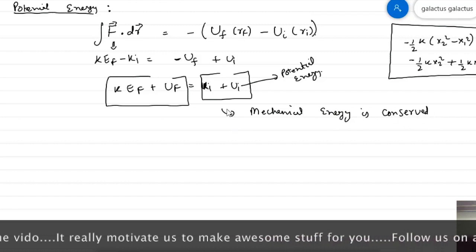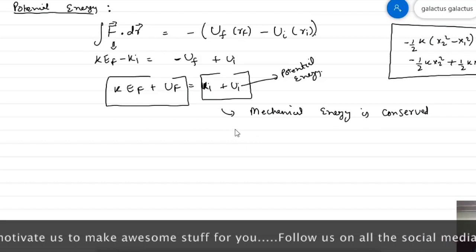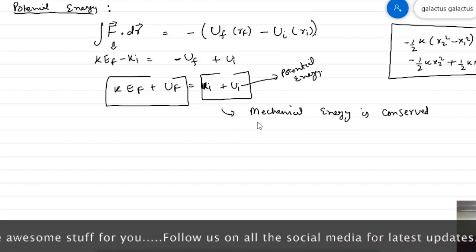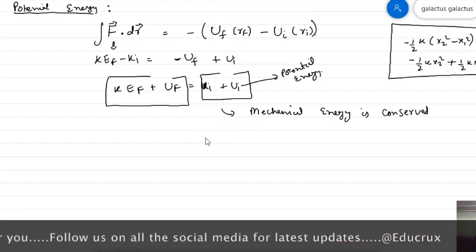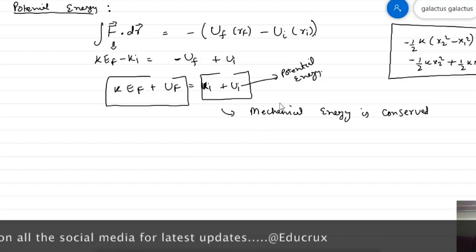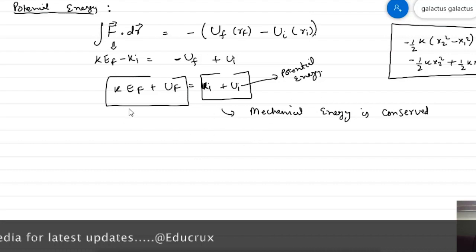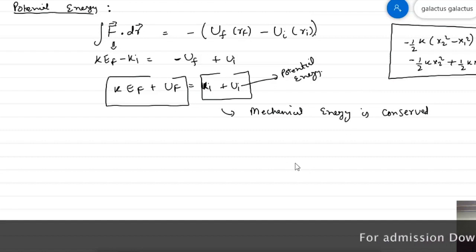So my mechanical energy is conserved in case of conservative forces. If my system is conservative, then my mechanical energy is conserved. This is a very important law that we will use in solving problems.